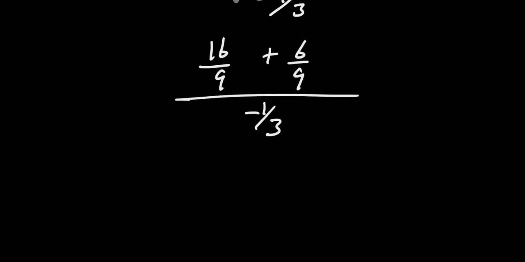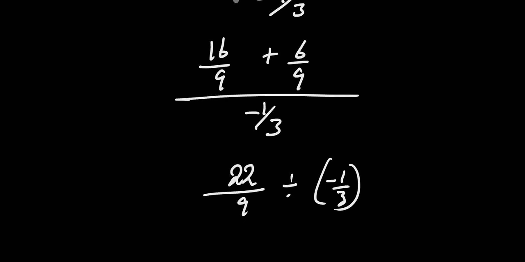And 16 plus 6 is 22, so this will become 22 over 9. And we can simply write this as divided by -1/3. Just put this in parentheses.